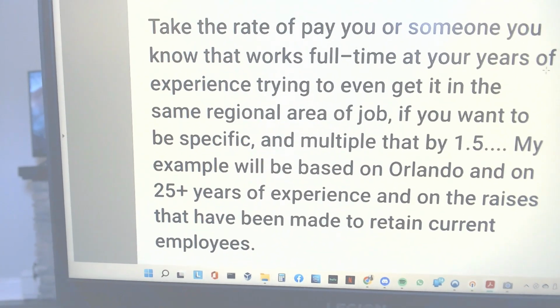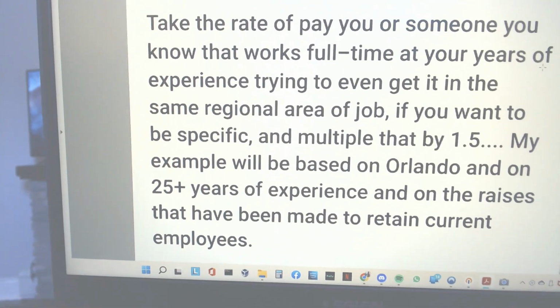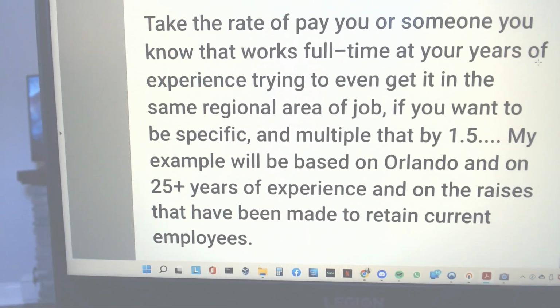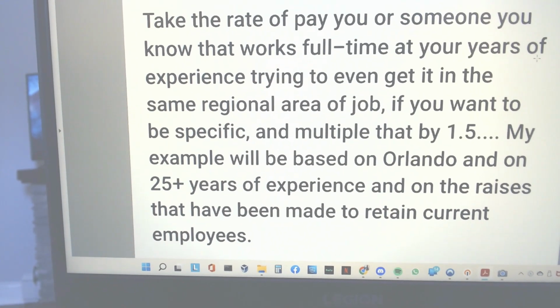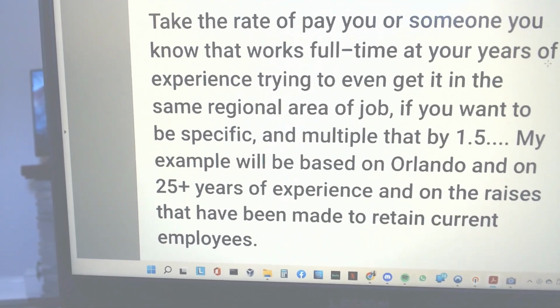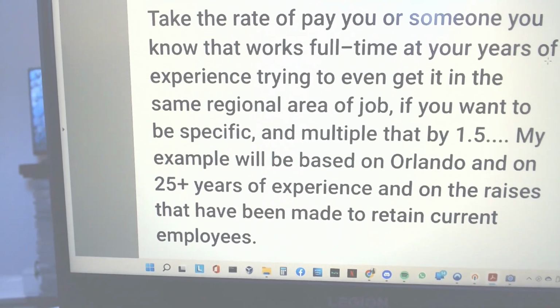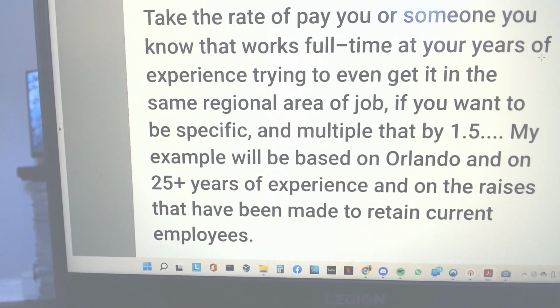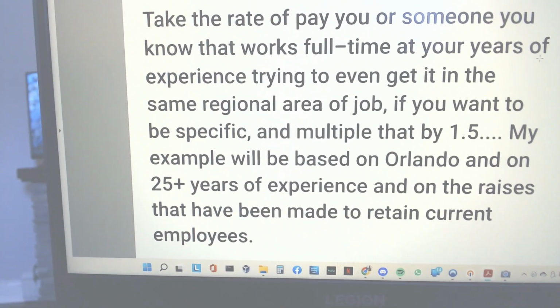I really focus on my stipend being correct, because a lot of times it's not, and a lot of times they take a lot out of your stipend. So I just base it on, if I were in Florida and I was working in an area where I used to work, then it would be okay.